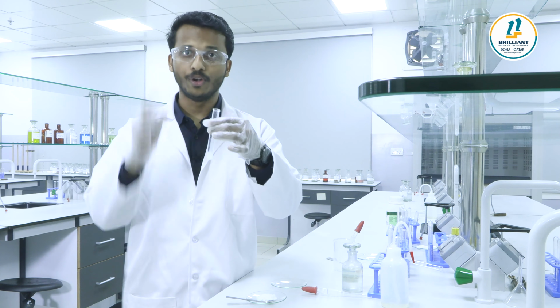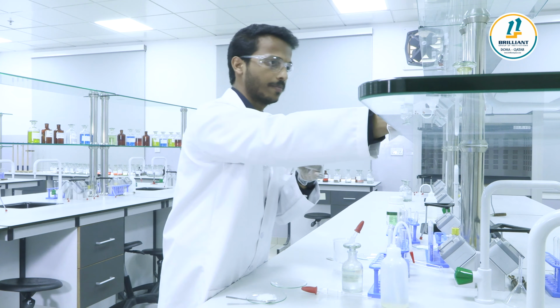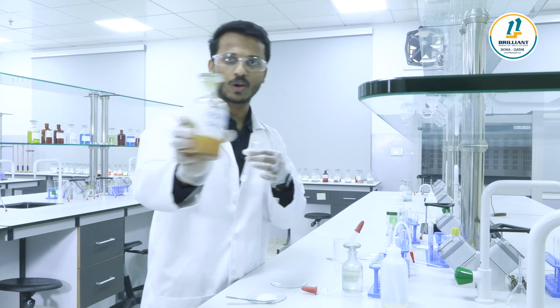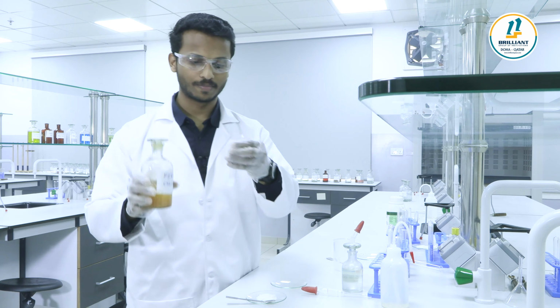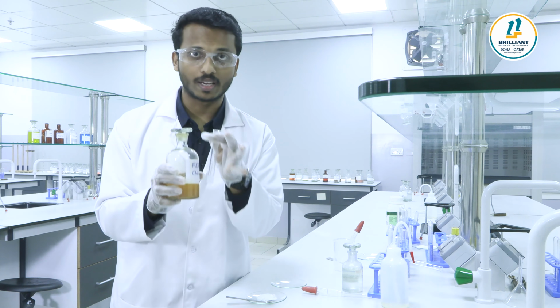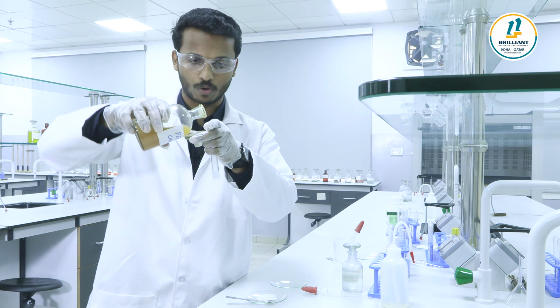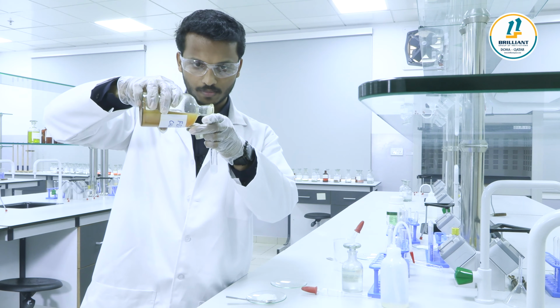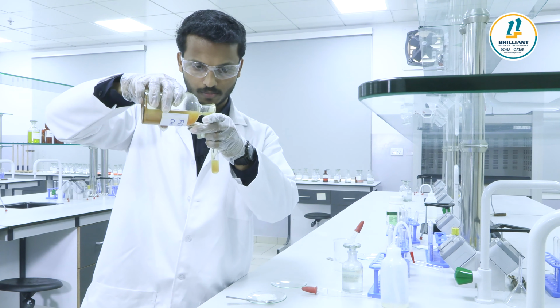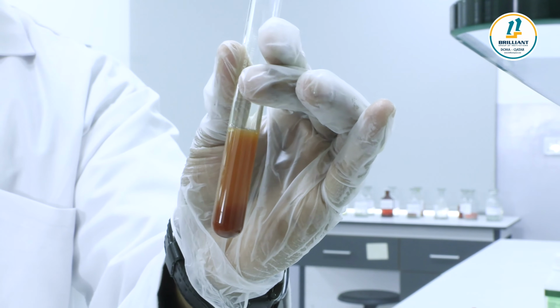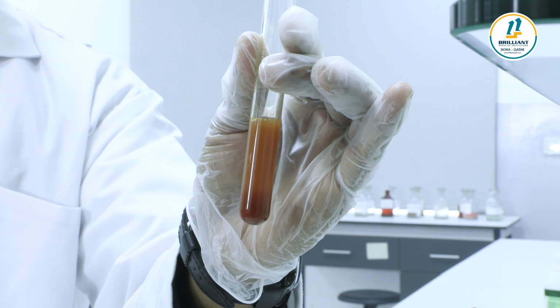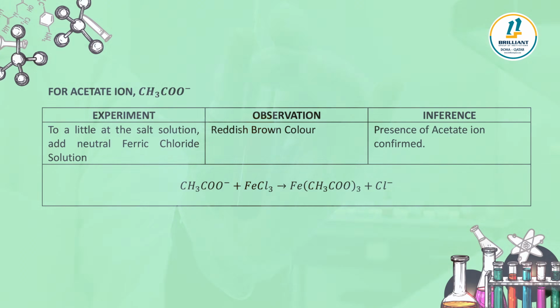Then add neutral ferric chloride solution. What is the observation? You can get a reddish brown precipitate. See very carefully, a reddish brown precipitate. You'll get a reddish brown precipitate which confirms the presence of acetate ion.